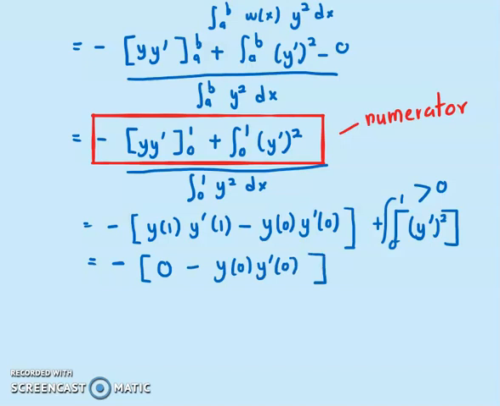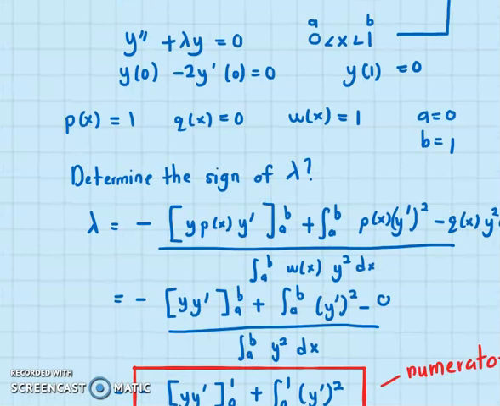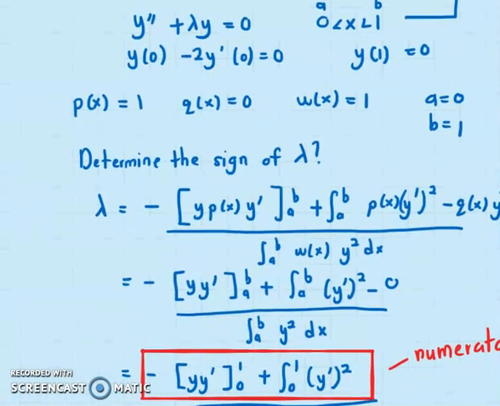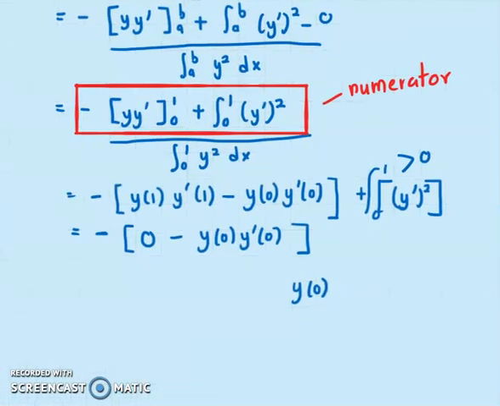Now y(0), according to the given condition, y(0) minus 2y prime(0) equals 0. So what is y(0)? It is 2 y prime(0).